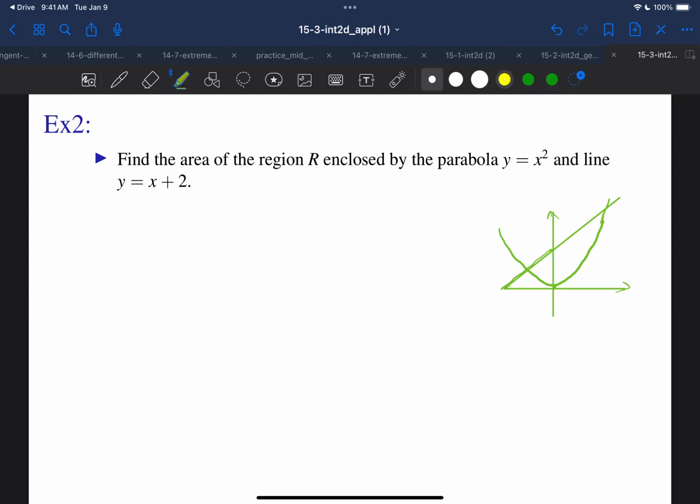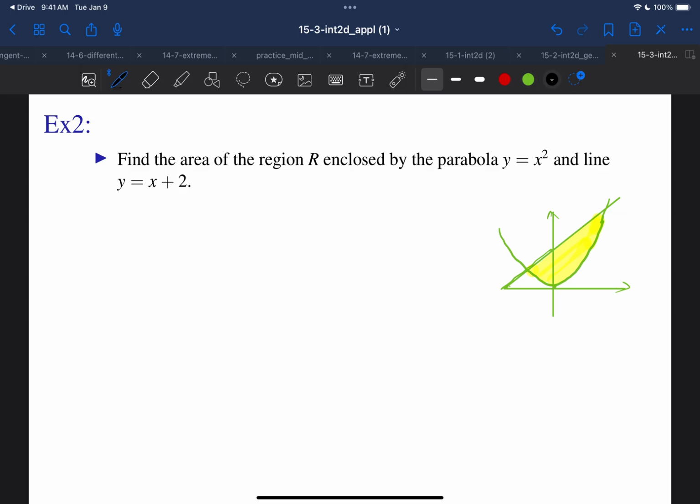the region given by these two curves looks like this, the orange area and the yellow area. And to do that, one way is using calculus 1.